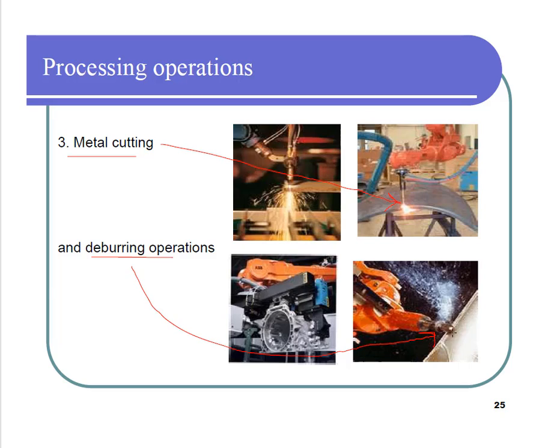Deburring means that you are making sure that the surface finish of the parts is smooth. This is the deburring process. You see on this right hand side, this is a deburring process whereby it removes burr from the surface of the part.